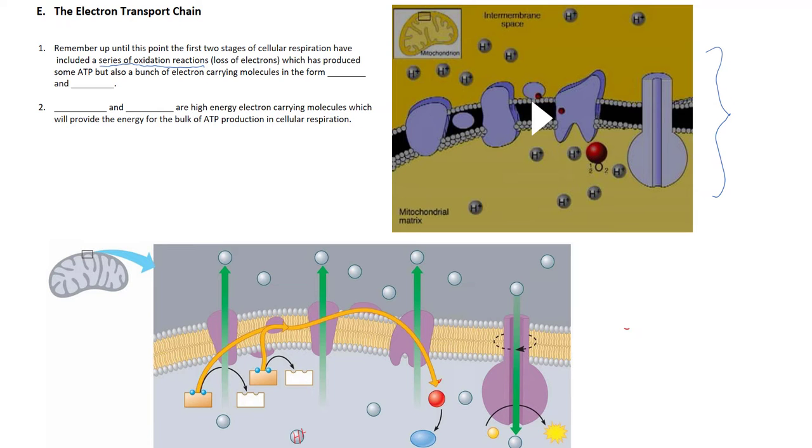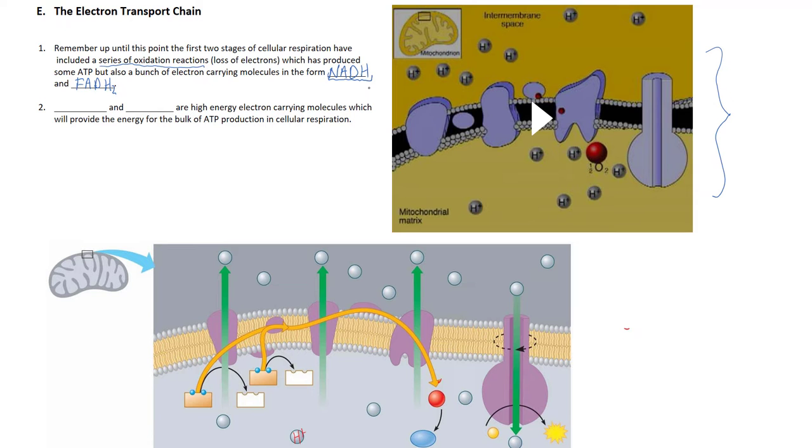Glucose, being the primary source of energy to start the reactions, is giving up electrons to these high energy electron carrying molecules called NADH and FADH2. We should make sure we understand that we get a couple of molecules of NADH from glycolysis, and then during the Krebs cycle, we get about 6 molecules of NADH, and we get a couple of FADH2.